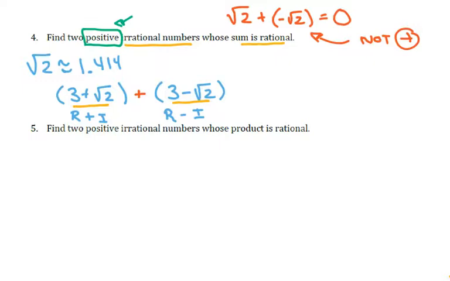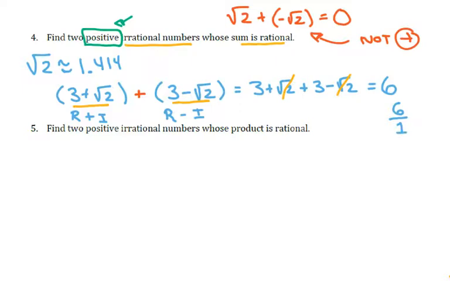And when we add them, we can get rid of these parentheses. And this equals 6 because the irrational numbers got canceled. And that is rational because you can write 6 as 6 over 1.